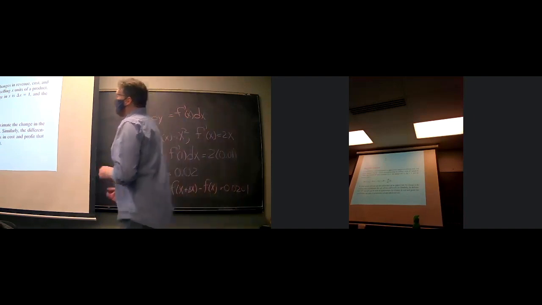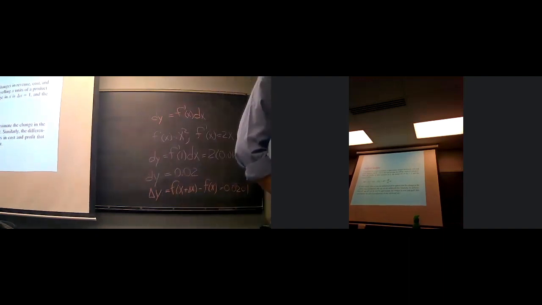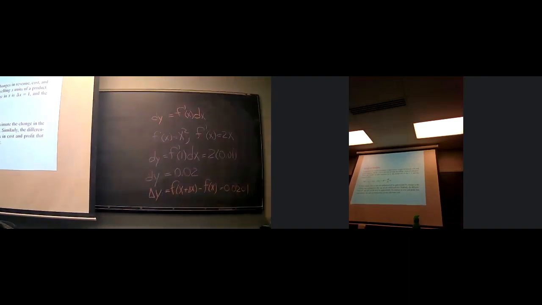Having said that, an application of it would be marginal analysis, where we look at small changes in revenue compared to the demand, the number of units of products sold.